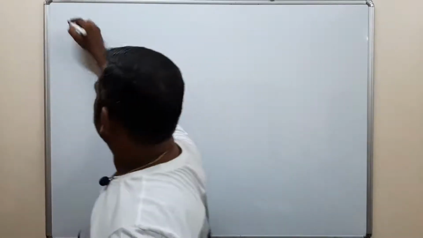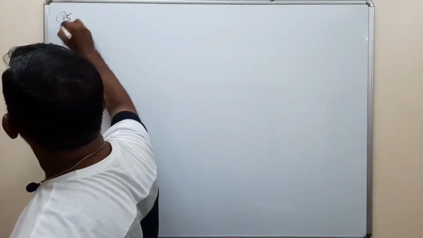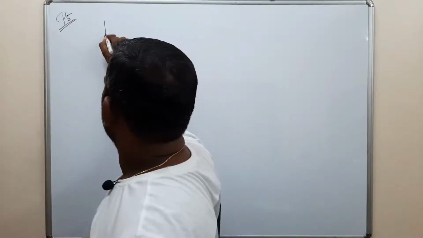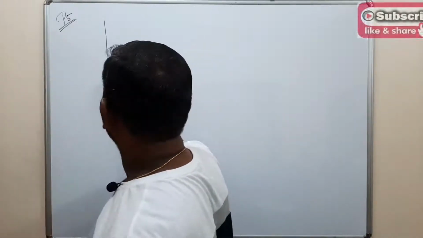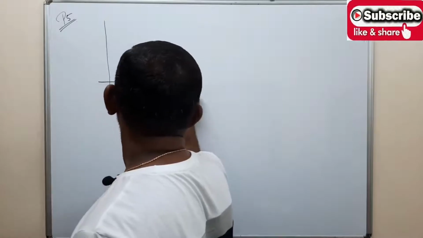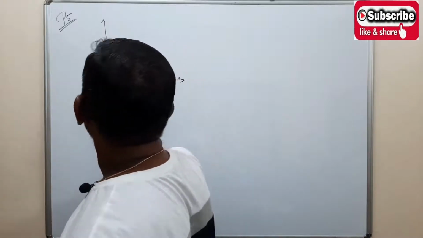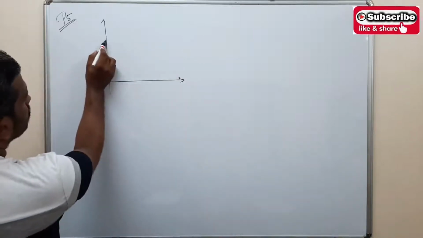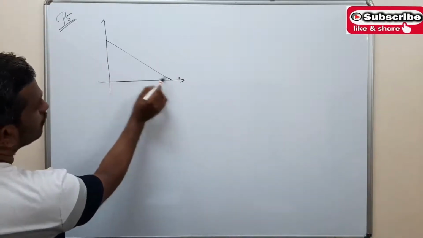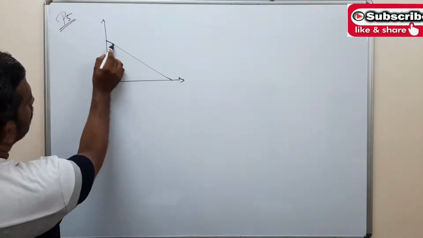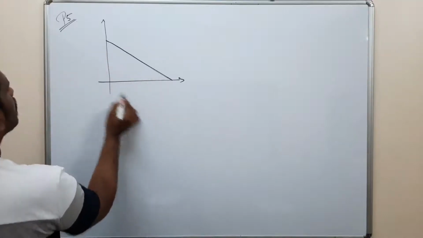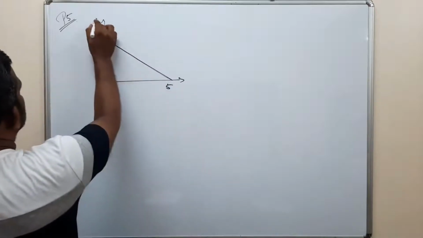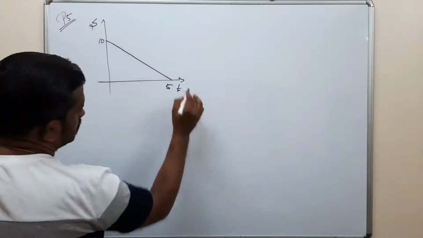So fifth problem. This is the displacement time graph, with values 10 and 5.